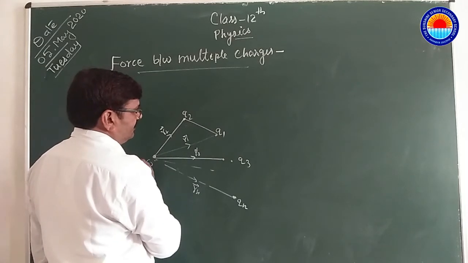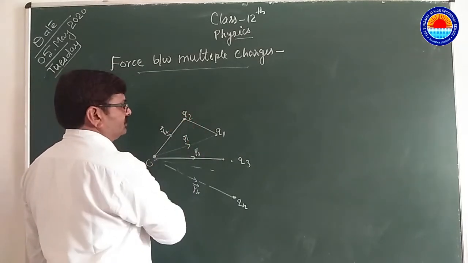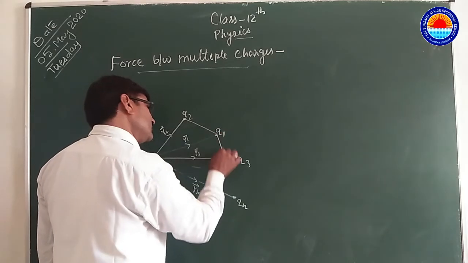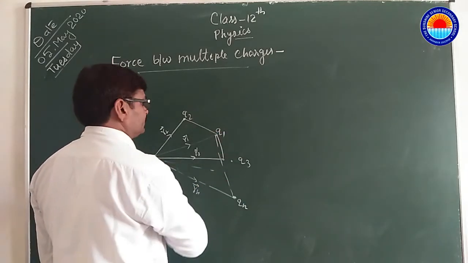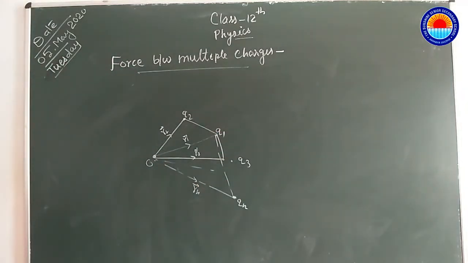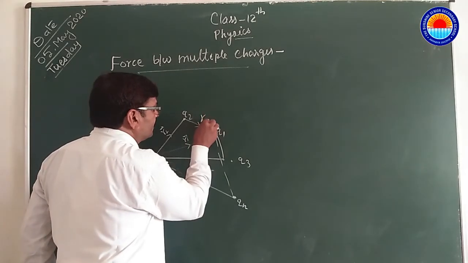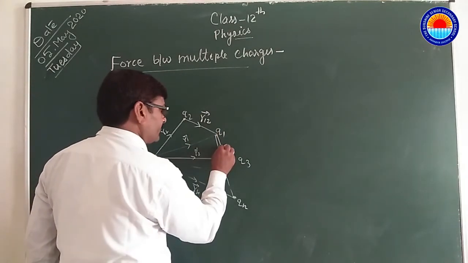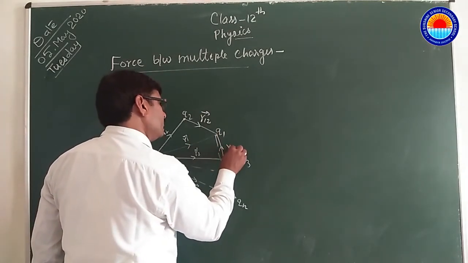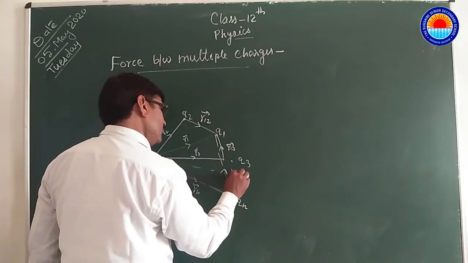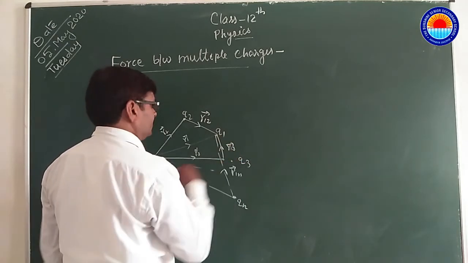Position vector of Q2 with respect to Q1 is R12, R13, R1n.